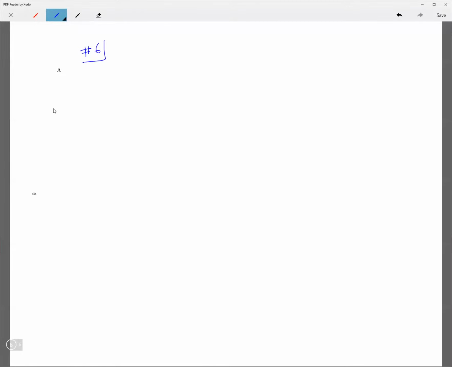So the length and width of a box change with time. Okay, so you have a box, and it has length and width, and the first question is about the volume.